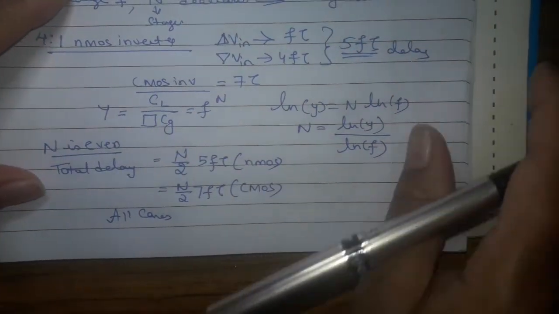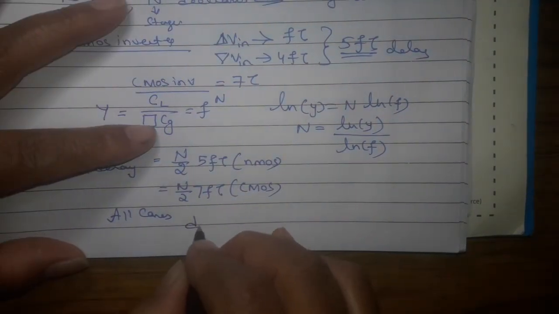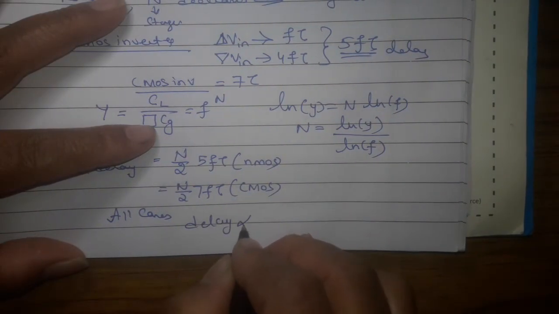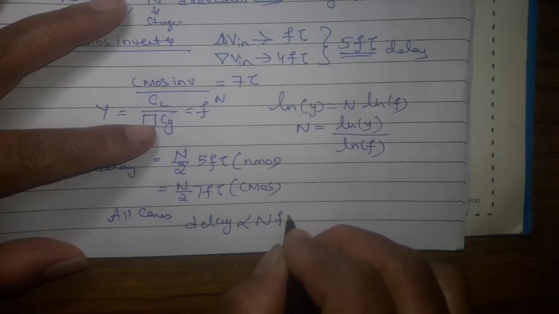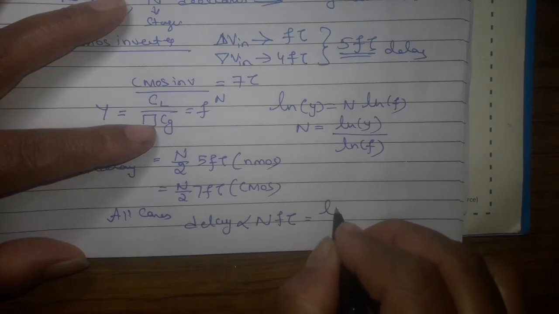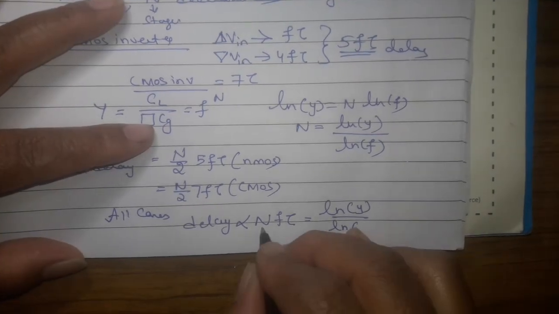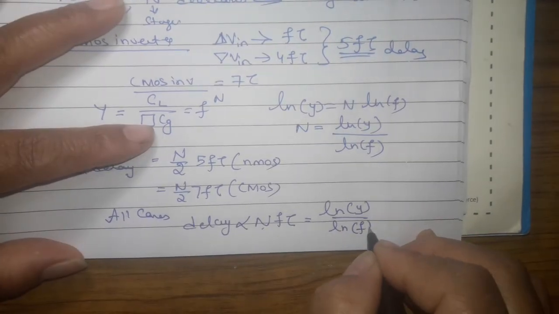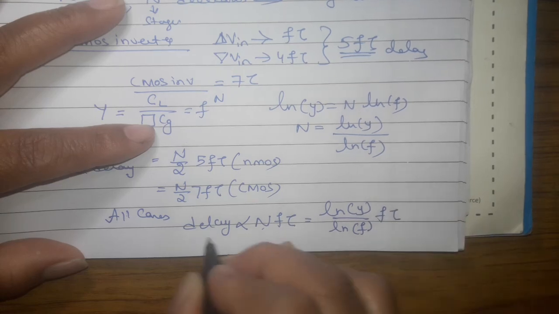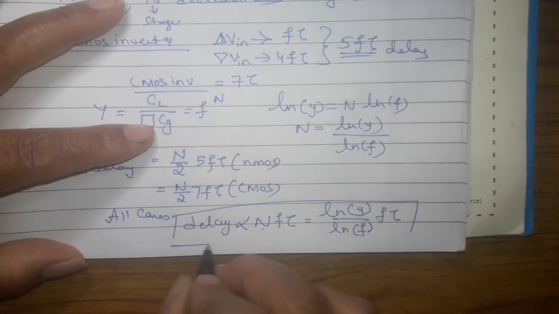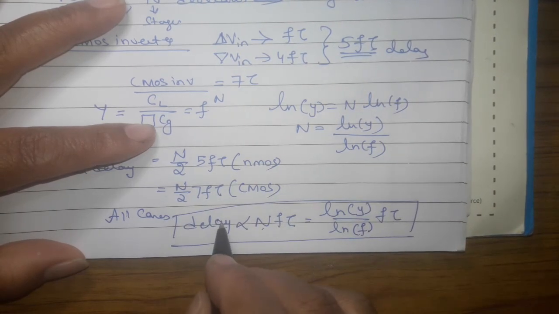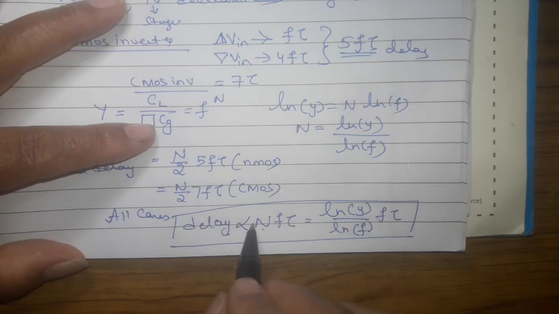I can say delay is proportional to n F tau, that is, natural log of y divided by natural log of F, substituting for n, times F into tau. This will be the delay, which clearly says that the delay is directly proportional to the number of stages.